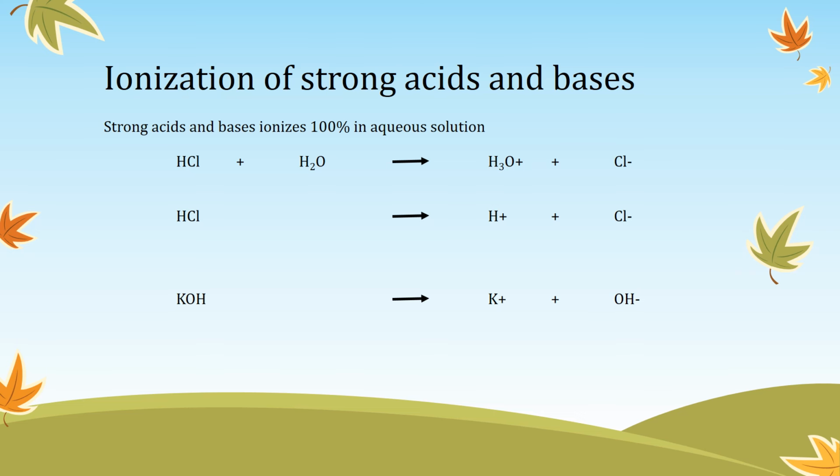Similarly, the ionization happens with strong bases also, like potassium hydroxide, sodium hydroxide. Once they dissolve in aqueous solution, they ionize to potassium ion or sodium ion and hydroxyl ions. So in the case of ionization of strong acids and bases, even at a very low concentration, they ionize 100% in aqueous solution.